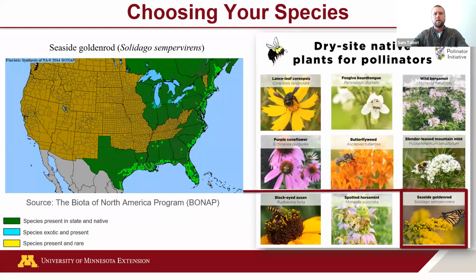And then the dark green is state level presence data. But you can see this is an East Coast species. But then if you went to Minnesota Wildflowers and you're like, oh, I really want a goldenrod for a dry site, you can search Solidago, and you'll find that maybe gray goldenrod is a good alternative that's local to Minnesota.